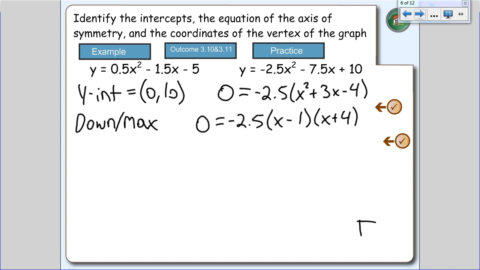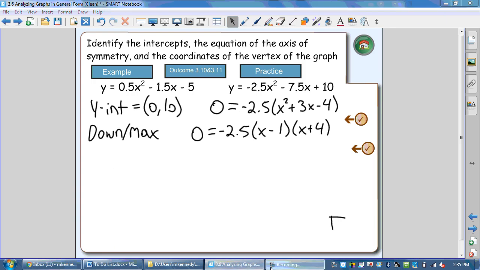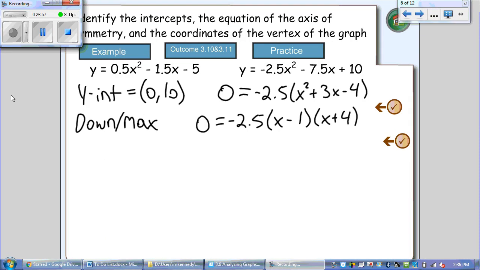It won't change our answer, and that's a good question too. Your x-intercepts will still be the exact same: 1 and negative 4. So the question was, does the negative 2.5 change your answer?